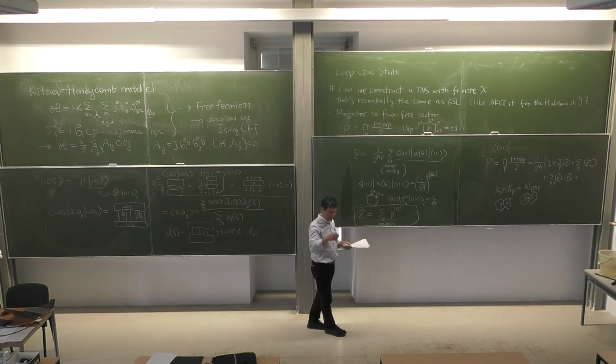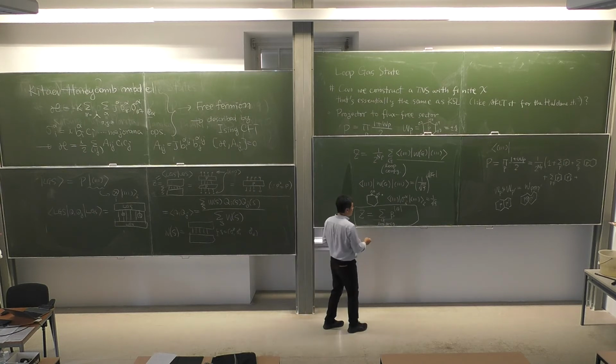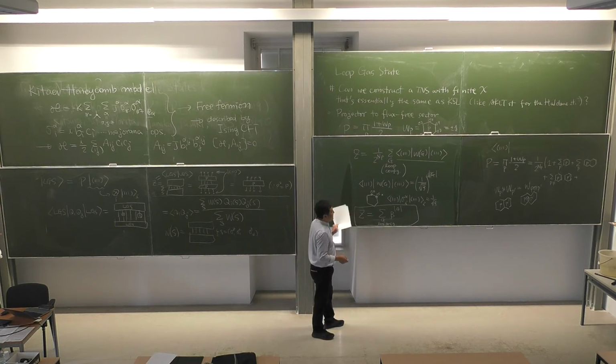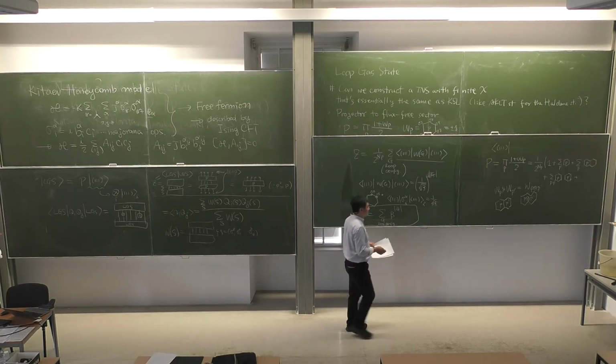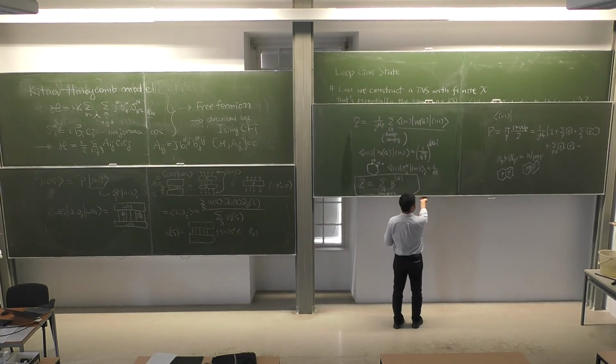It is just we have a loop or we don't have a loop. There's nothing else. But for the general loop gas model in classical statistical mechanics, we introduce color, how many colors we have for each loop.